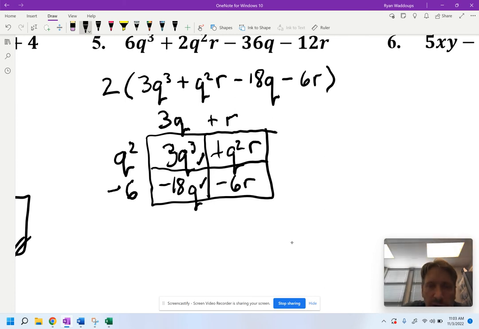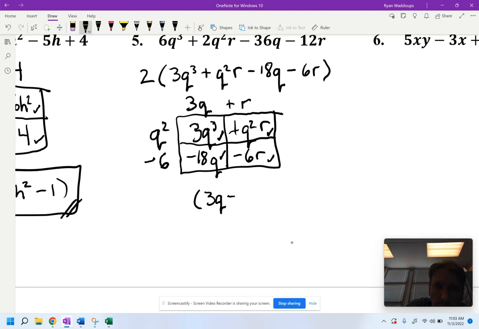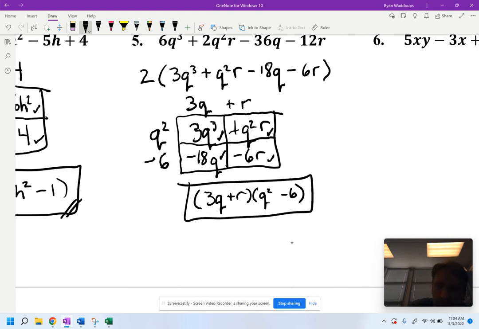And q squared times r is q squared r. Yes. And negative 6 times r is negative 6r. Yes. So our factors are 3q plus r times q squared minus 6. And those are the factors.